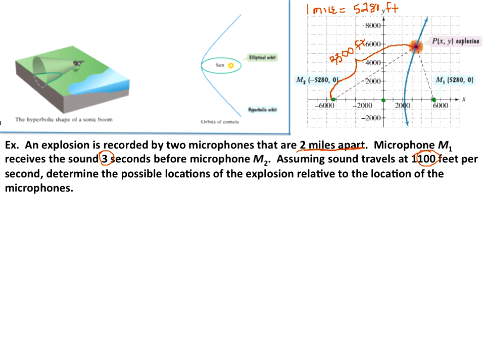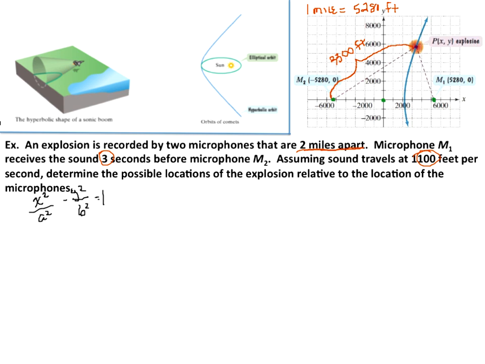Okay, so to write the equation of this hyperbola, we are working towards x squared over a squared minus y squared over b squared equals 1. We are using this form of the equation because I know the way that this hyperbola is drawn and situated.